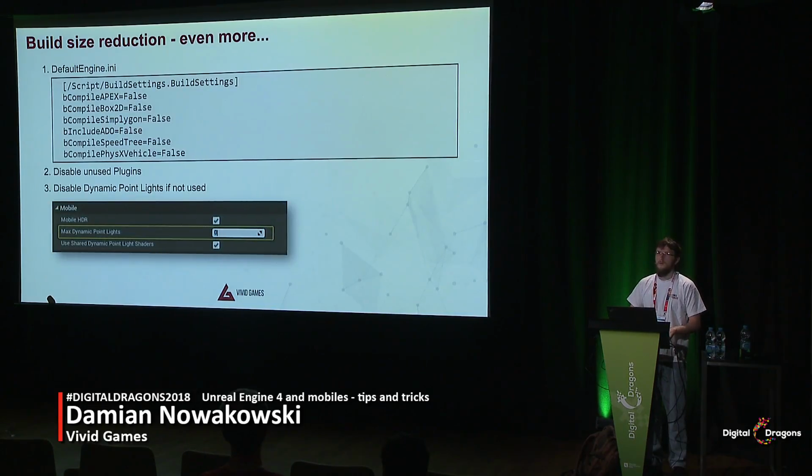So the engine will optimize the rendering pipeline and the shader programs, and all of the assets will also be much smaller. Just have in mind that enabling and disabling the parts of the engine will require you to rebuild the whole engine, so the source code will be required.